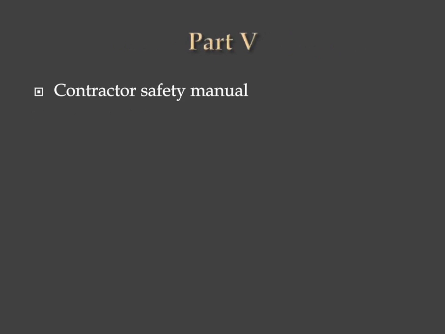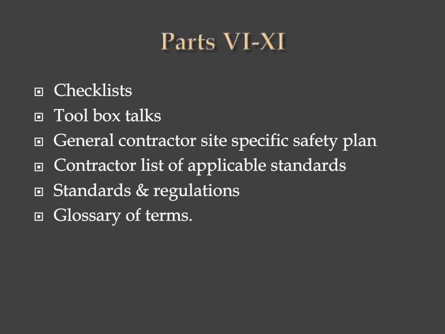And each contractor, in addition to the site-specific plan, almost everyone I know has a contractor's safety manual. The only problem with that versus what we've been talking about is that contractor's safety manual is generic and not site-specific. Again, checklists and the other things are all contained in those other standards.